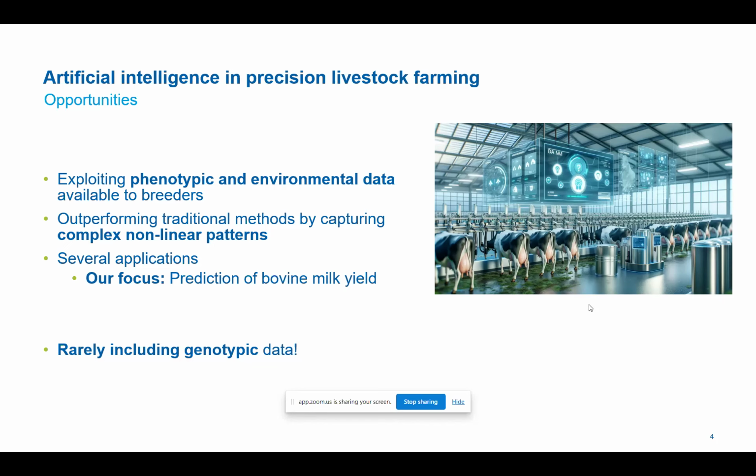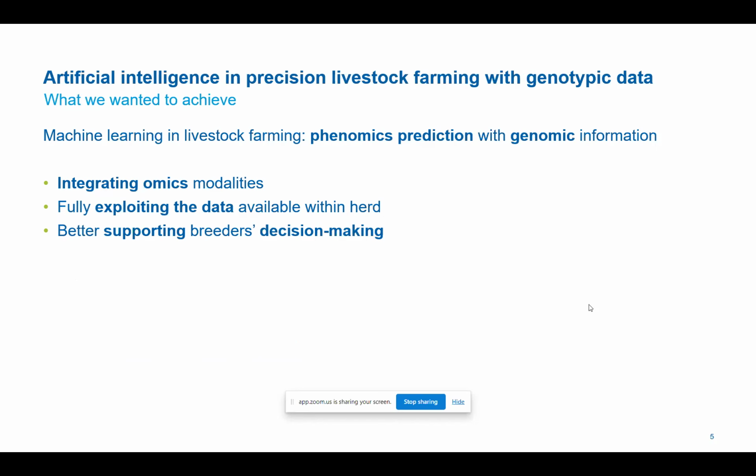And so what we want to do in this work, and what I will talk to you about in this talk, is how to use machine learning in livestock farming for phenomics prediction, explicitly including genotypic information in the model.